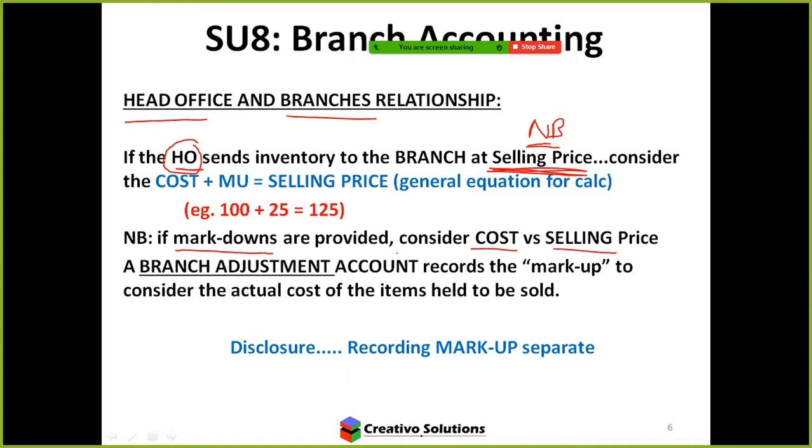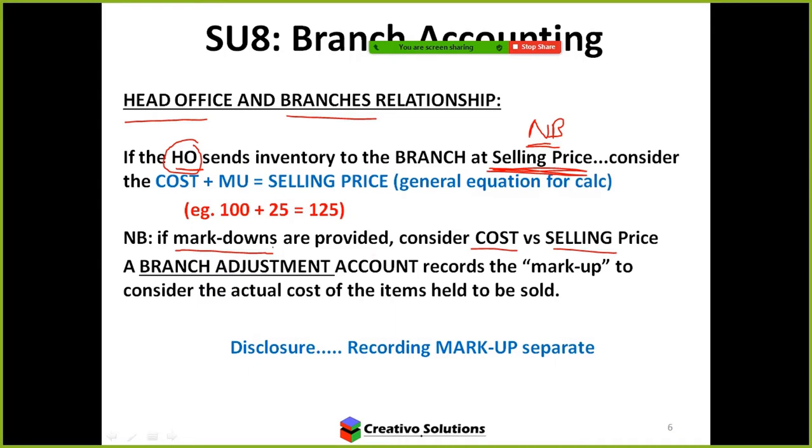If you're looking at the costs, you're obviously going to compare that to the selling price, because there's going to be a difference between the cost price and the selling price. So if I'm giving goods to the branch at, let's say, selling price, and the head office is accounting for those goods according to cost price, there's obviously going to be a slight discrepancy.